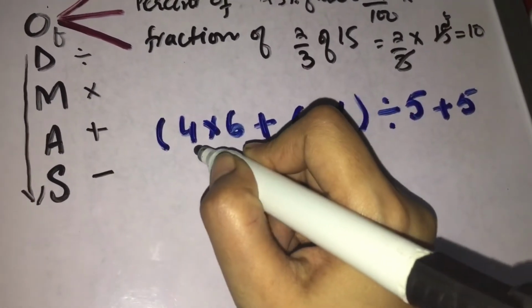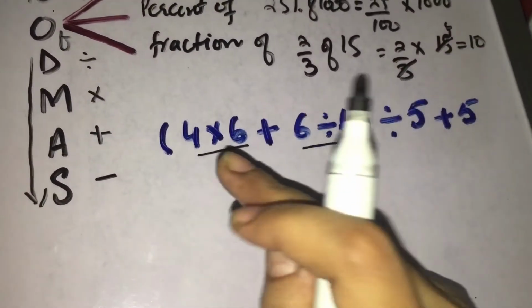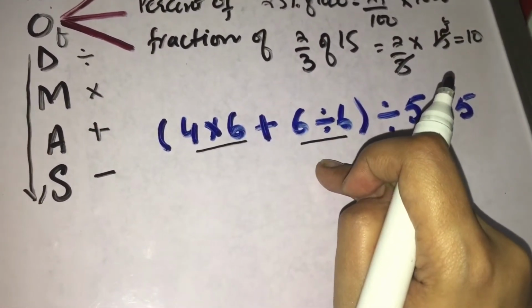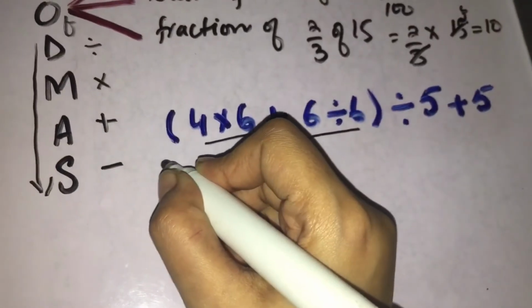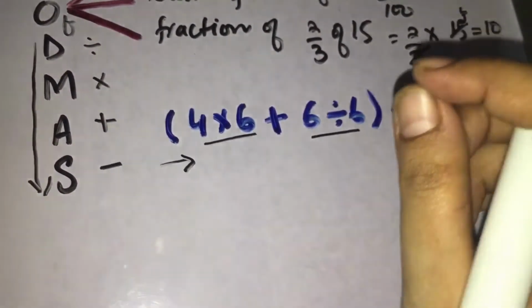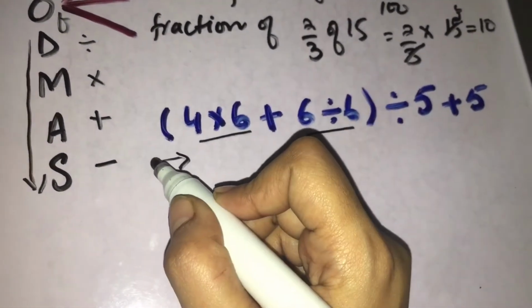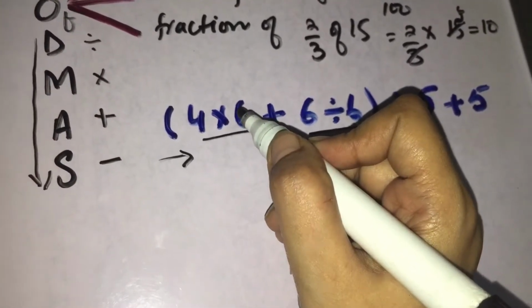Here I am having multiplication and division. I can solve both of these operations simultaneously, or going from left to right, whichever comes first. It means if I'm going from left to right, I will solve multiplication first.